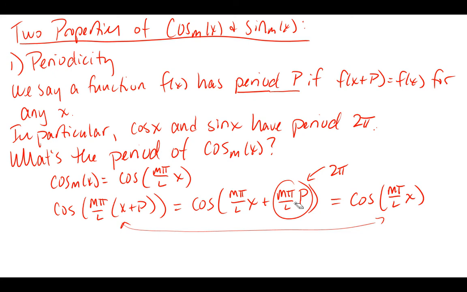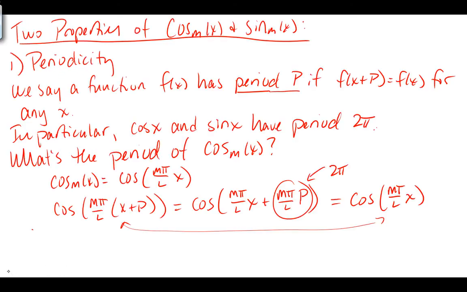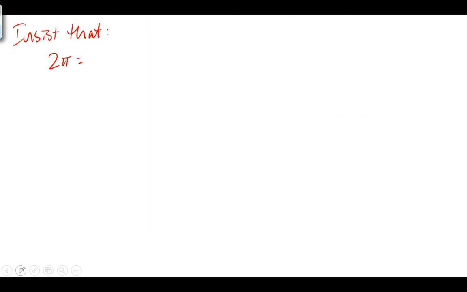All right, if what I just circled is 2 pi, so we insist, let me go to the next slide here. So if we insist that 2 pi is m pi over L times p, then we can solve for p.